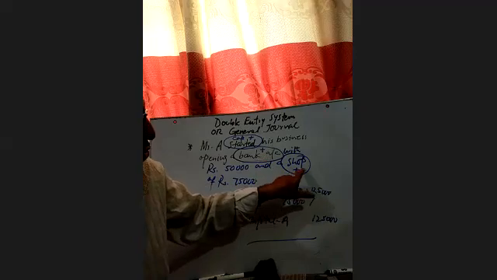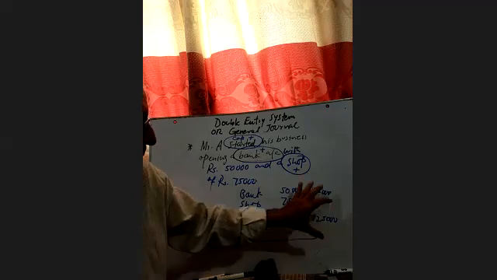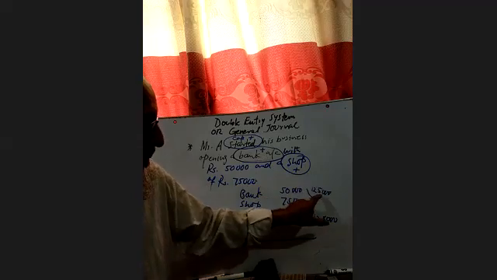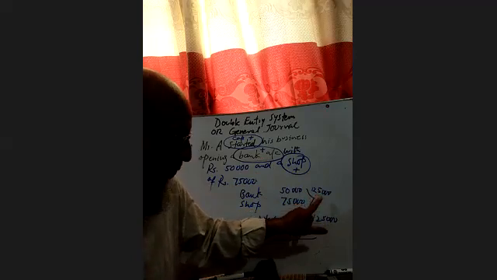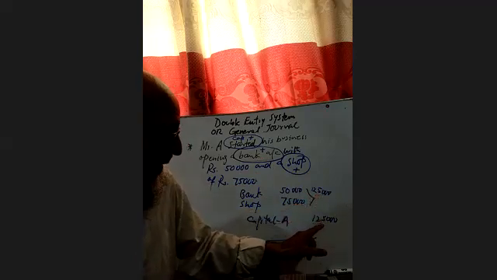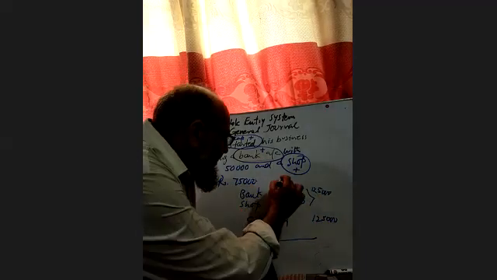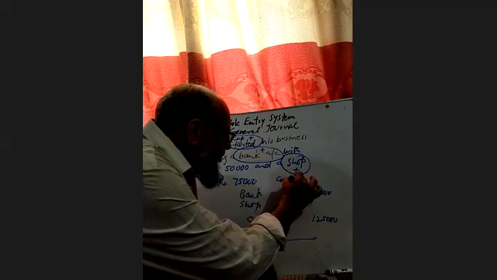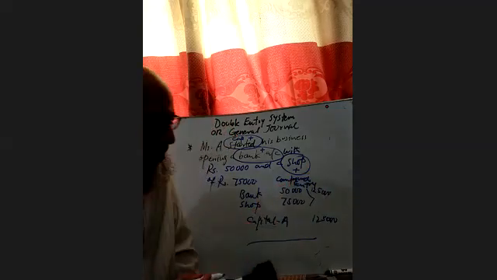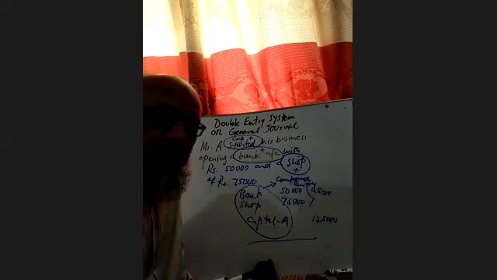We introduced a shop also in the business worth 75,000 rupees. Altogether, it equals 125,000. So capital A is 125,000. This is also a compound entry. Three titles are involved.